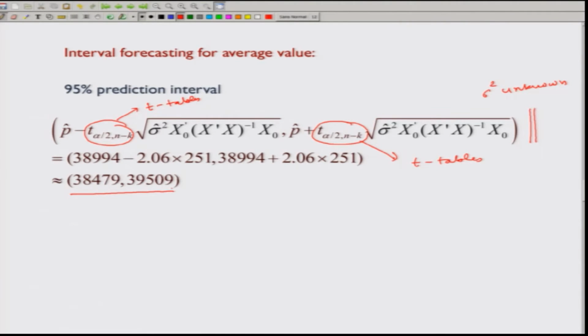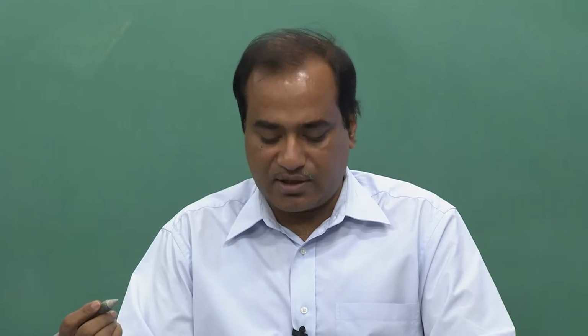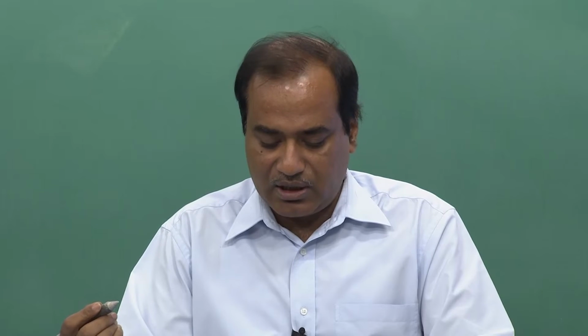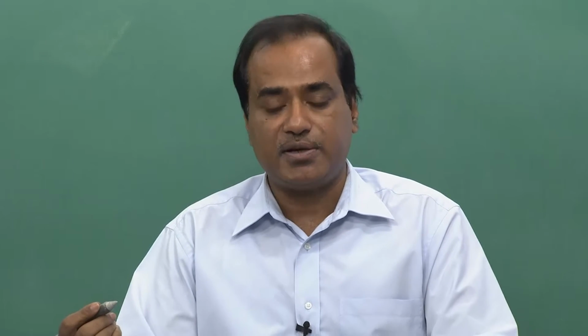and you can observe that earlier we had obtained the p hat, which was 38994, and this is lying within this prediction interval. Right. So now we have completed one task: we forecasted the demand of water for a given temperature of 36 degrees and a given humidity level of 36%.